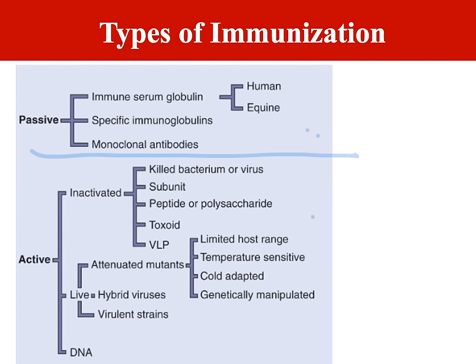When we look at passive, we look at the transfer of serum immunoglobulins, specific IgGs or monoclonal IgGs. Here we've broken this into the two types that are medicinally used in humans, which is recombinant human IgG or equine IgG. This is rabies, this is tetanus.